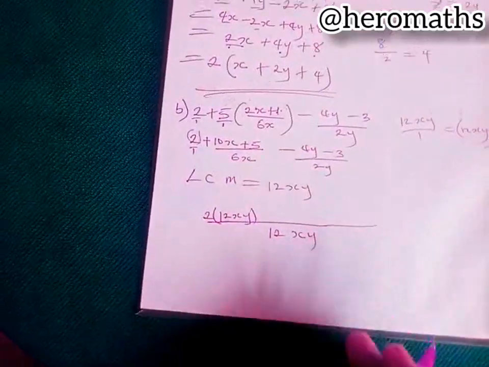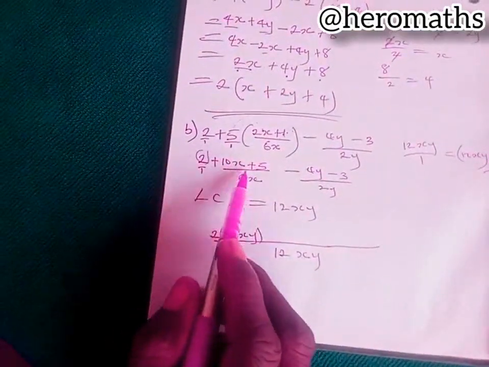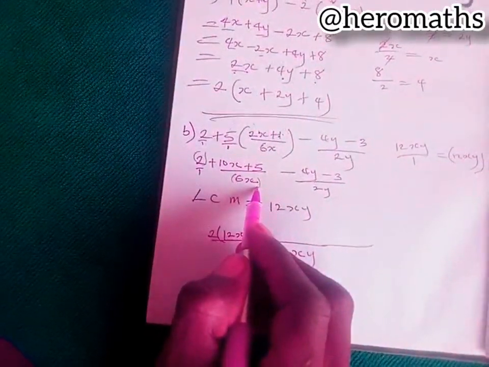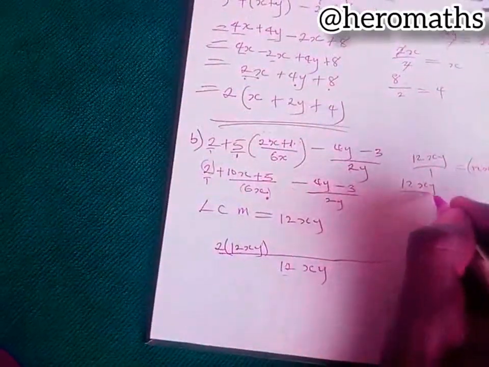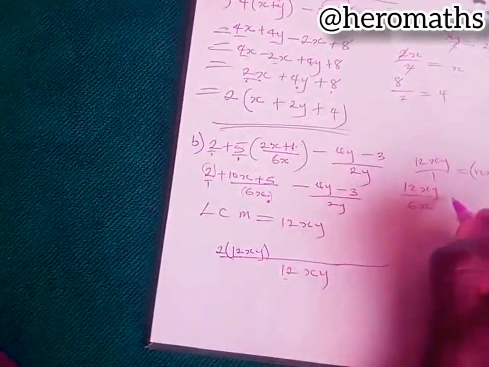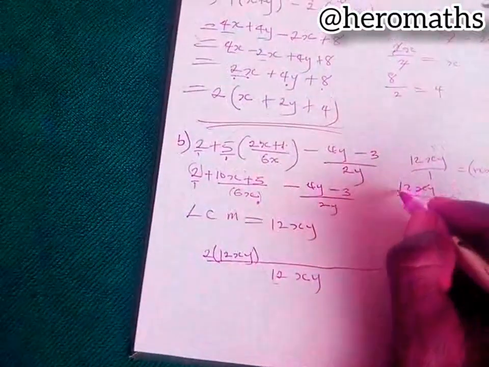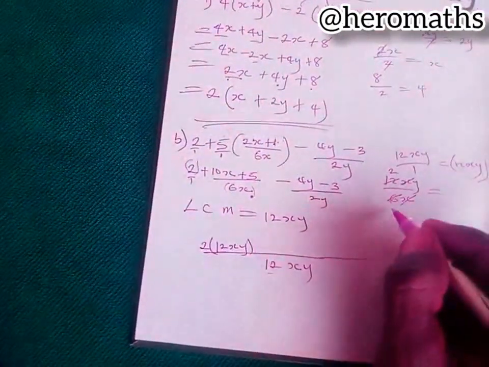Now the next one here is what? The next one is this. So the down, which is 6x into 12xy, that is 12xy divided by 6x. That will give us 2y. First we go with x, right? Now 6 here, 2 times. 6 here, how many times? 1 time.